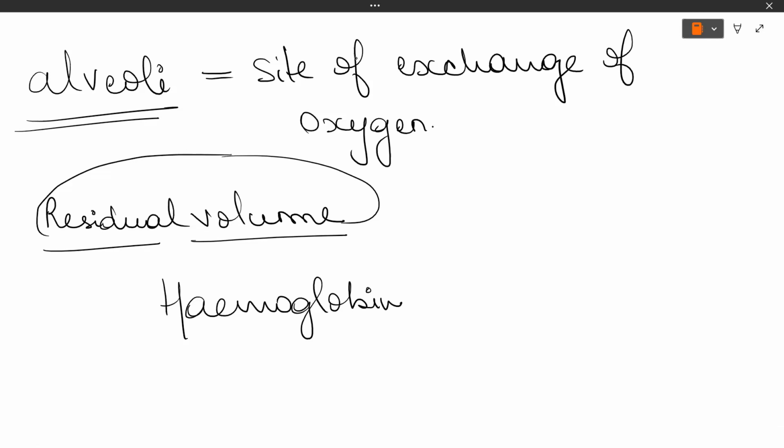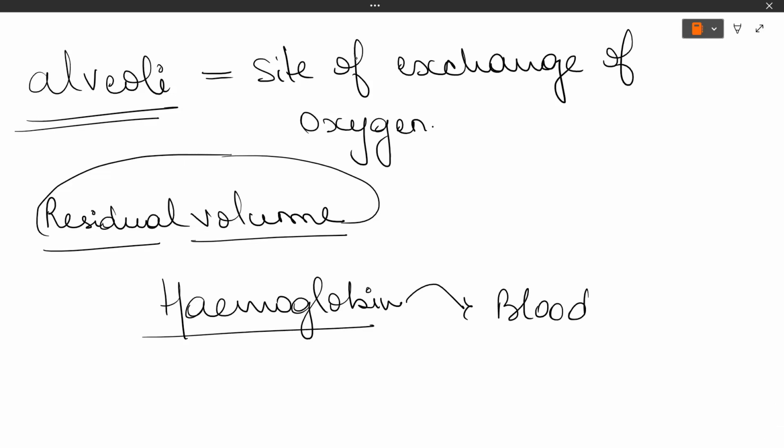Now, the blood is responsible for the transportation of gases. So the hemoglobin, which is present inside the blood, transports the carbon dioxide and the oxygen both.